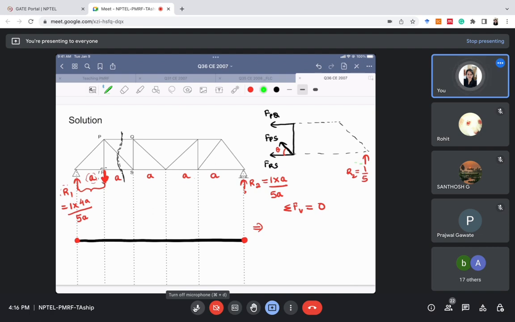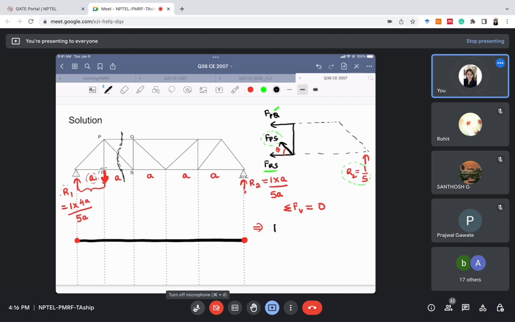I have the force R2 in the vertical direction, and I have the vertical component of force FPS. FRS does not have any component in the vertical direction. So only two forces have components in the vertical direction.